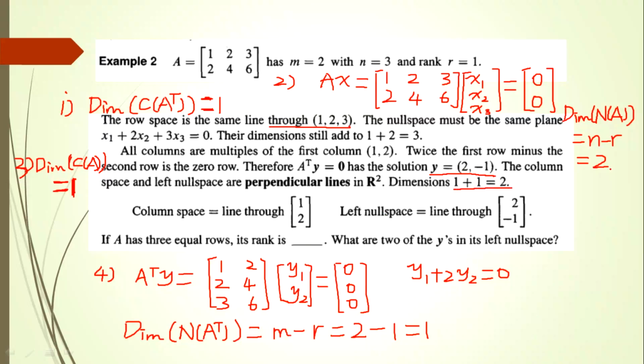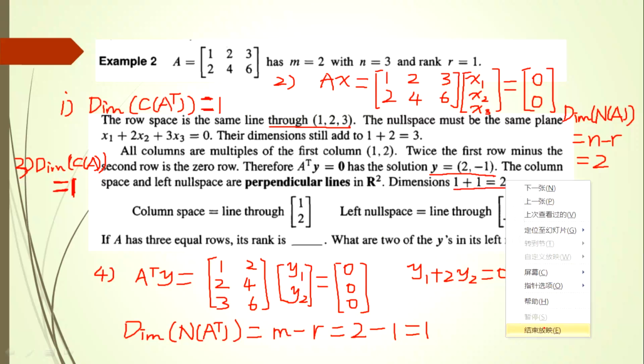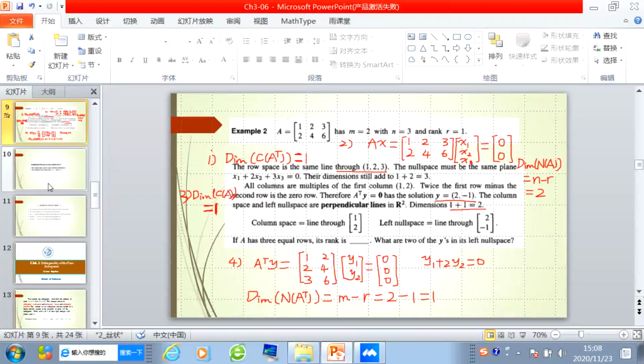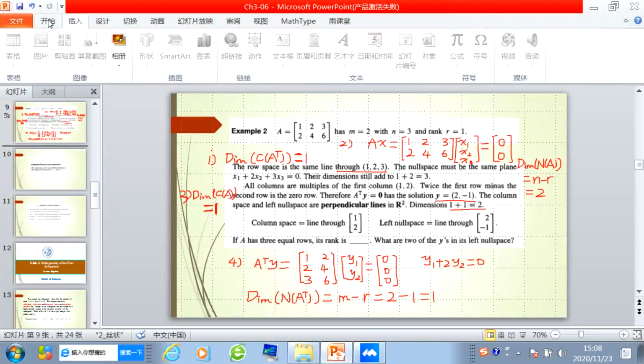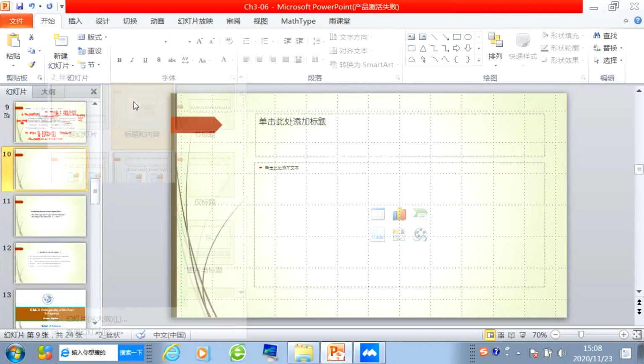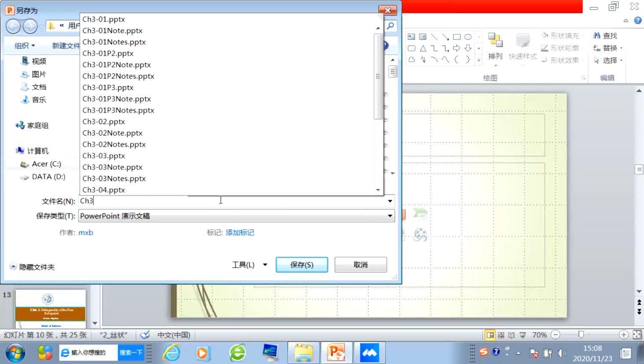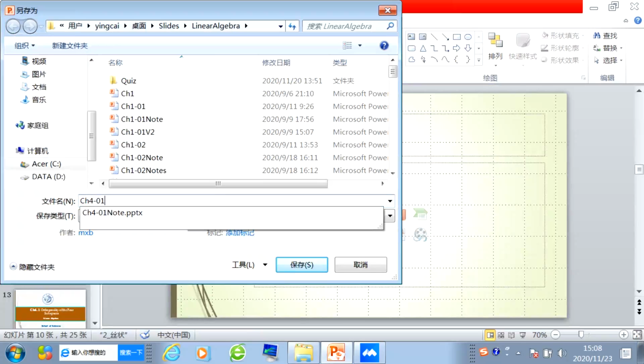Okay, so let me summarize those 2 examples a little bit. Let me save the file right now.